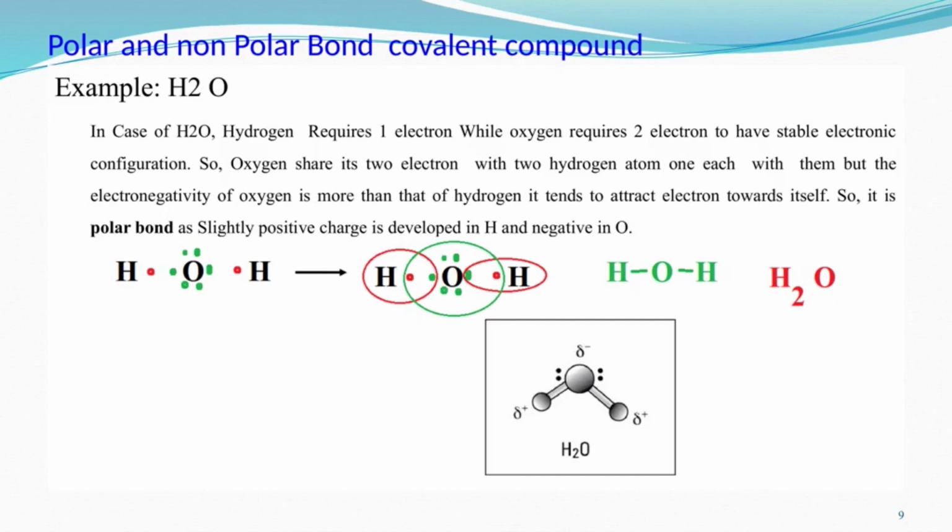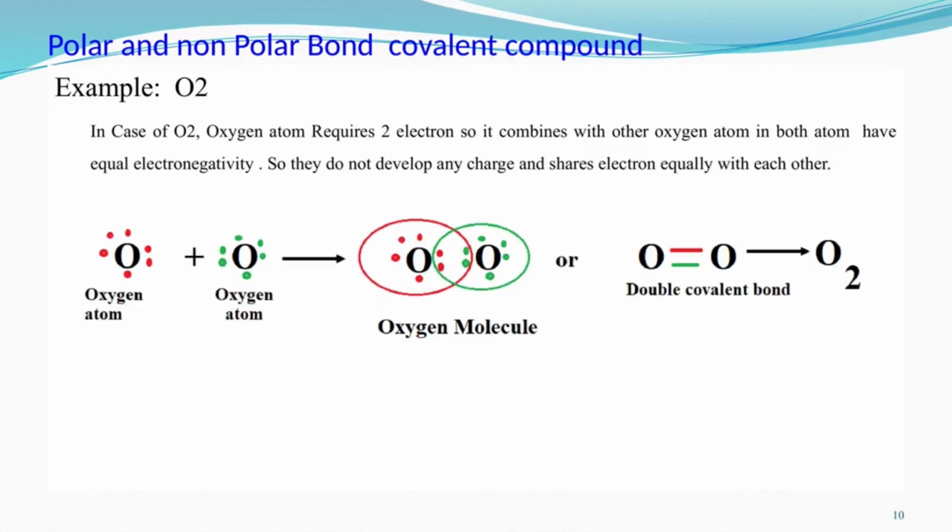So, oxygen requiring 2 will share with 2 hydrogen atoms to make an octet, and each hydrogen acquiring one electron forms a single covalent bond with oxygen, while oxygen fulfills 8 electrons by sharing its 2 electrons with one each of the 2 hydrogen atoms. Here, oxygen has more electronegativity as compared to hydrogen.